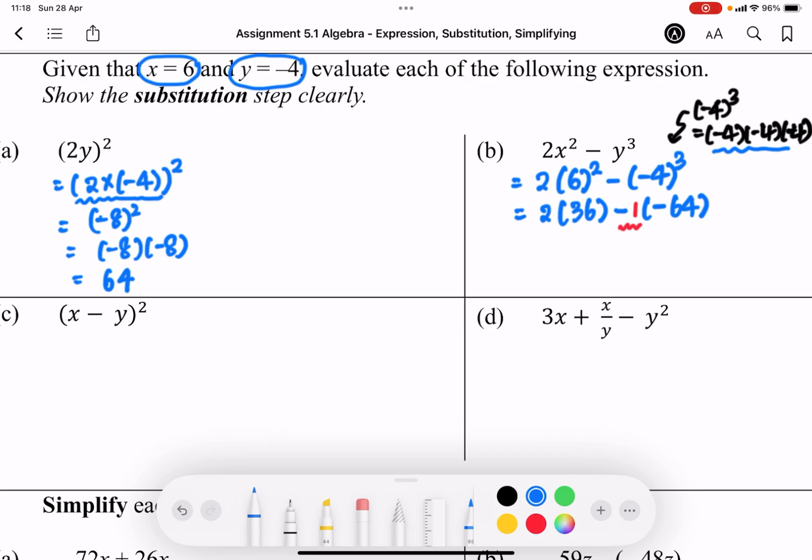And to evaluate each of the parts, 2 times 36 will give us 72. And so here, negative 1 times negative 64 will give us positive 64. As a result, the final answer is 136.